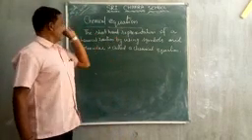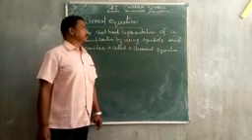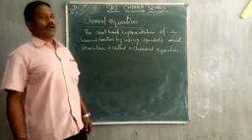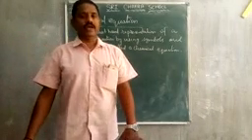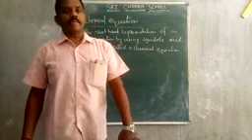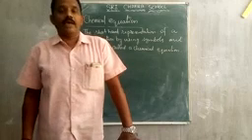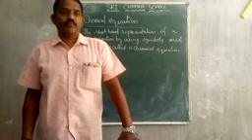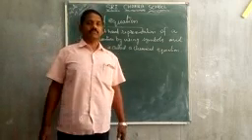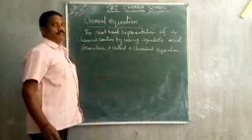the shorthand representation of a chemical reaction by using symbols and formulae is called a chemical equation. Symbolic representation of a chemical reaction is also called a chemical equation. Let me say all these things once again.